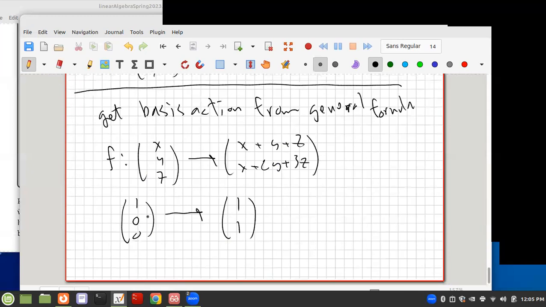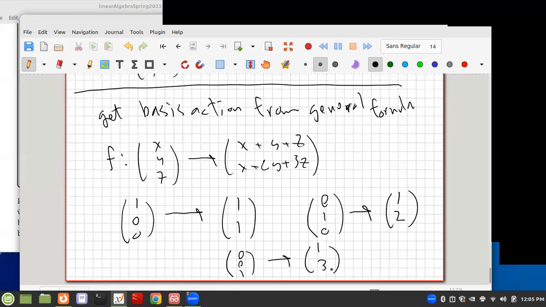Then I use the same formula. What does (0, 1, 0) go to? Y is the only one that's not 0, so this is going to go to (1, 2), because X and Z are 0. And then I can do the third one: (0, 0, 1) goes to, when only Z is nonzero, (1, 3).